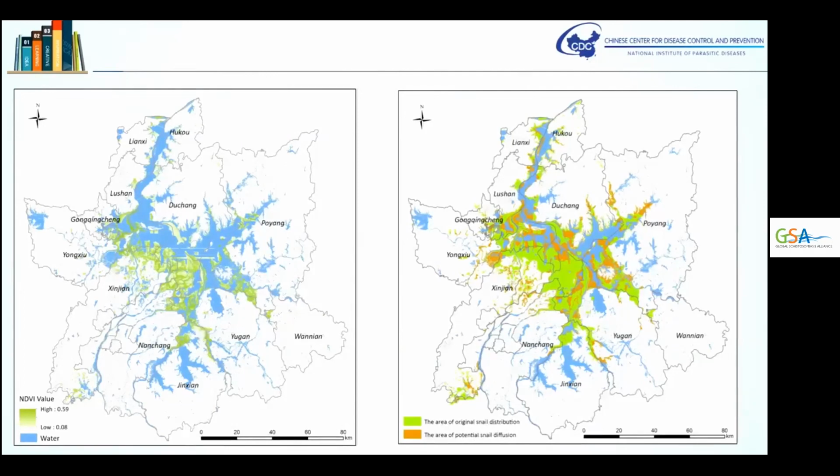Snail spread was predicted to possibly cover an area of 759 square kilometers and to mainly occur east of Yongxiu, south of Lushan, southwestern Poyang and Duchang, northwestern Xinjiang and Yugan.